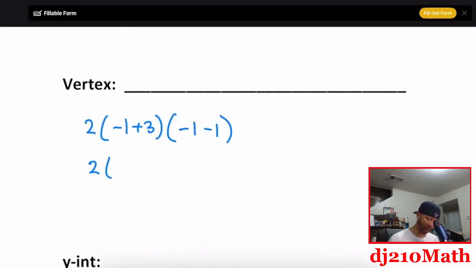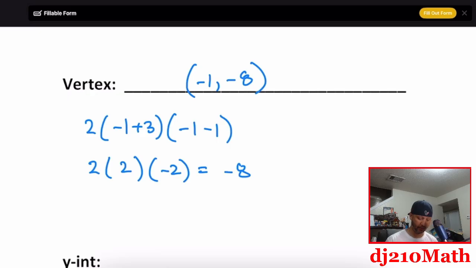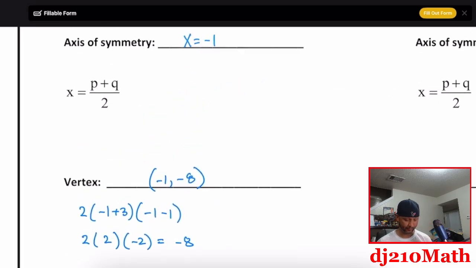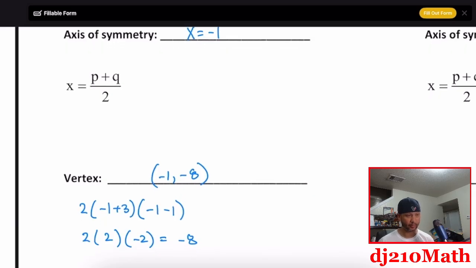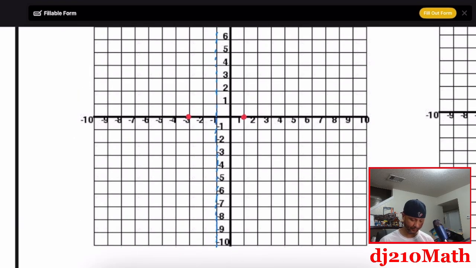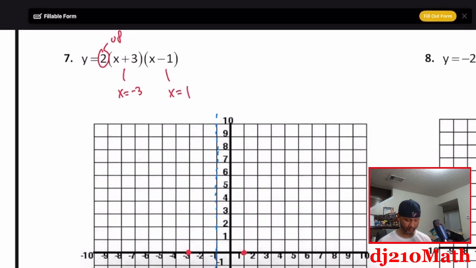This is 2 times -1 plus 3, that's 2, times -2. 2 times 2 is 4 times 2 is 8. Negative. So the vertex, when x is -1, y is -8. -1, -8. And it opens up. Yeah, it does.